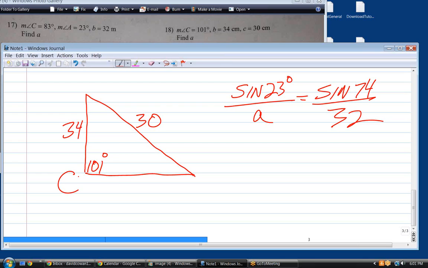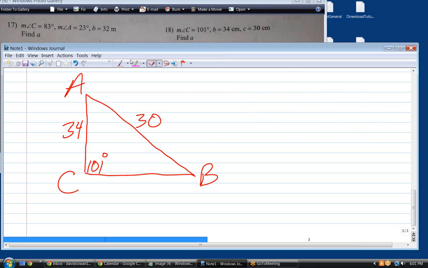I'm going to set it up like that also, just so we're always oriented kind of the same way. In other words, we still have angle, side, side. So if it weren't for the fact that this was greater than 90 degrees, it potentially could be the ambiguous case. So the fact that I know it's not makes it easier. So let's go through this one.